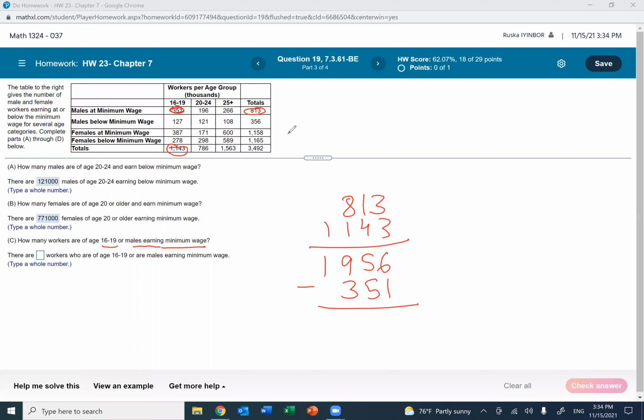So the number here is going to be 5,683.